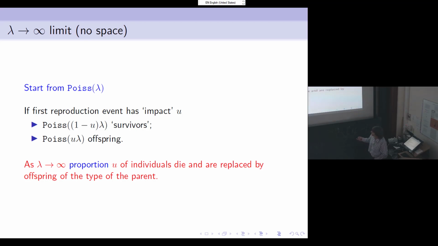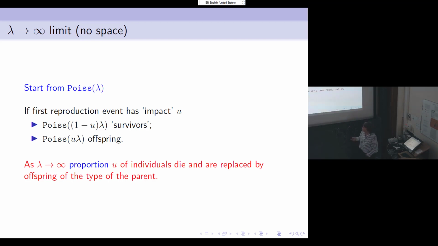So as lambda tends to infinity, the proportion of individuals that die and are replaced, so this Poisson u lambda divided by the total number we started with, is going to converge to u, because the number of individuals that die is lambda u plus an error of the order of the square root of lambda u. So as lambda goes to infinity, that lambda u is what's going to dominate. As a result, this is converging to something deterministic.